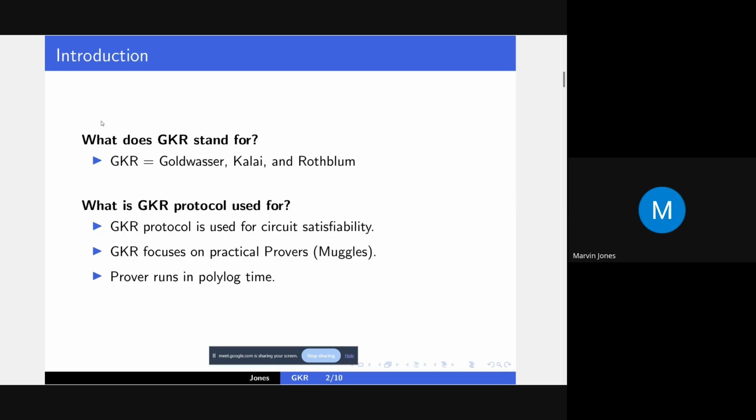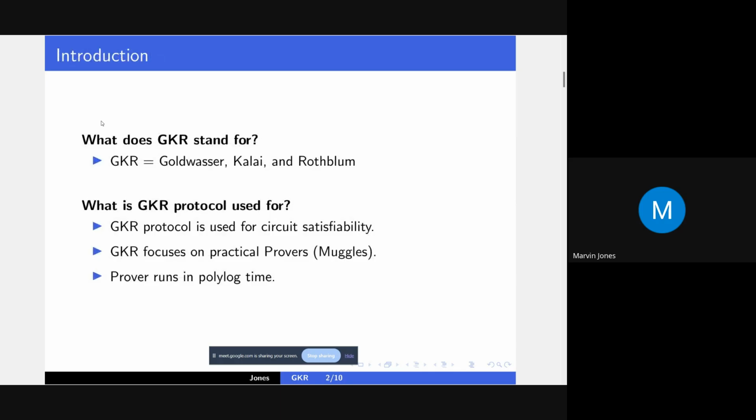So a practical prover isn't all powerful. Hence muggles. And the goal is to have the prover basically run in polylog time.